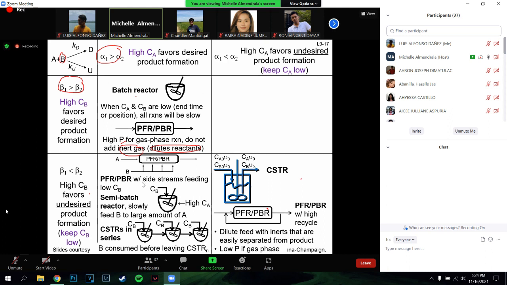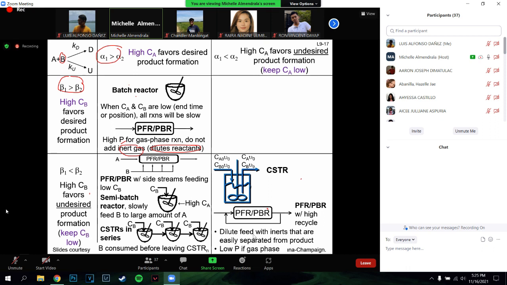Alpha 1 is less, sorry, and B2 is less. Sorry, I made a mistake earlier. Alpha 1 is less, so CA must be kept low. B1 is less, so B must be kept low. Both are low, sorry. So both A and B must be low in concentration.